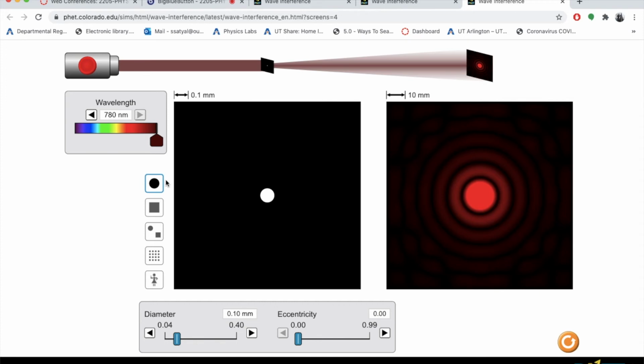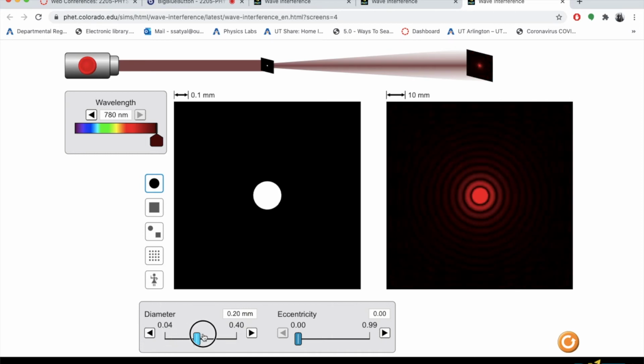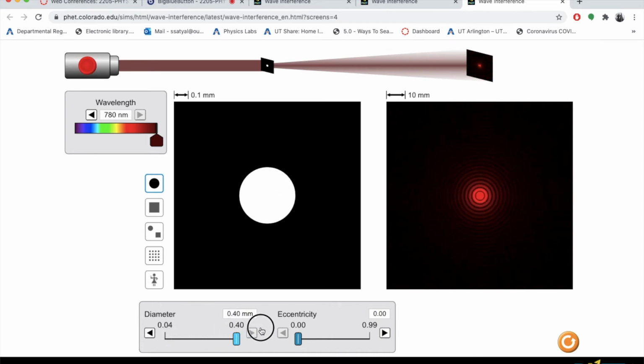Okay, and this is for your aperture. Here we are picking a circular aperture. For that circular aperture, I can decrease the aperture diameter and see how my central maxima increased, versus if I increased the aperture, how the diffraction pattern changes.